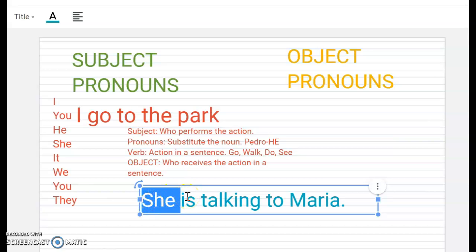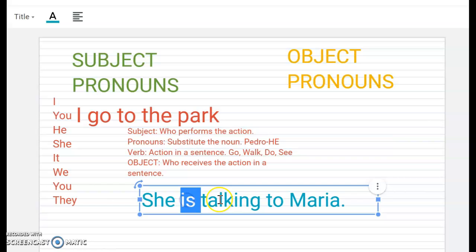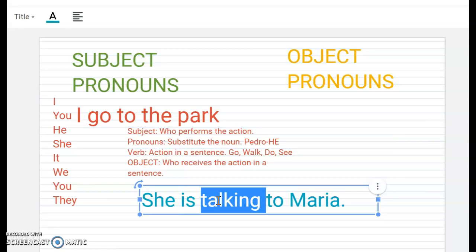Then we have the action, talking. This is the verb that we are going to be using. Although we have another verb, we have the verb to be. But in this case, the main verb of the sentence, the action of the sentence is talking, talk. So who is she talking to? She's talking to Maria.